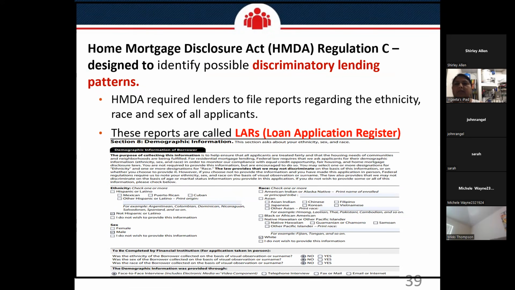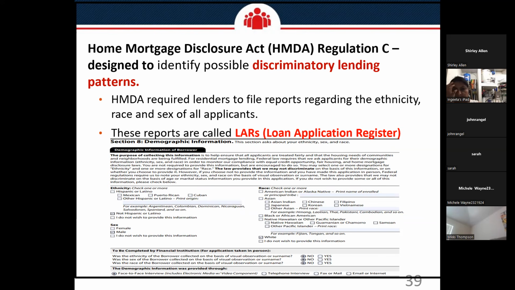Home Mortgage Disclosure Act, HMDA, Regulation C, is designed to identify possible discriminatory lending patterns. It allows the lenders to see where discrimination may be taking place. This report was changed. It was normally in Section 10 of the 1003.